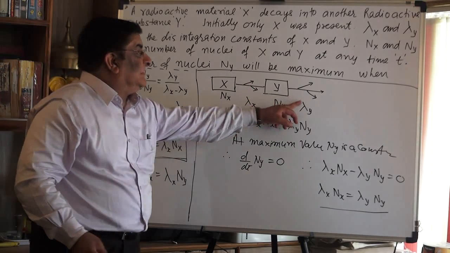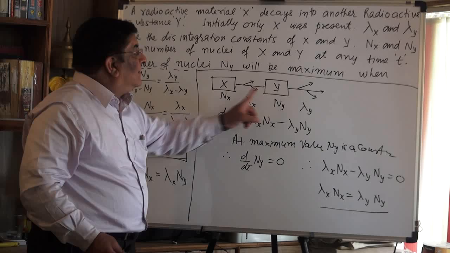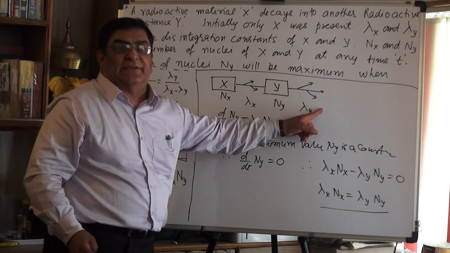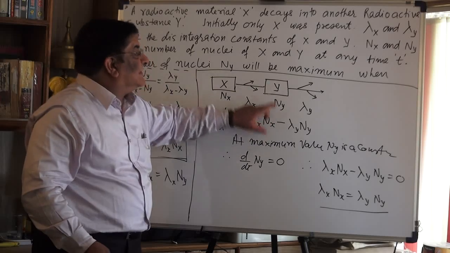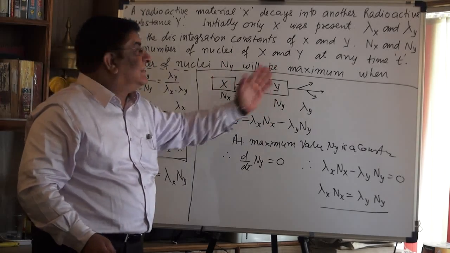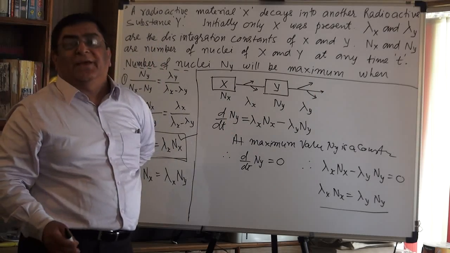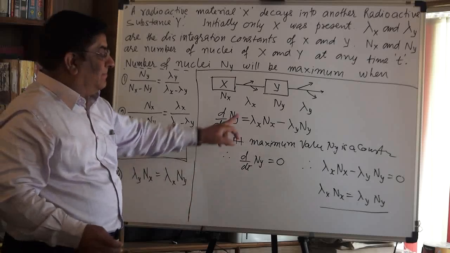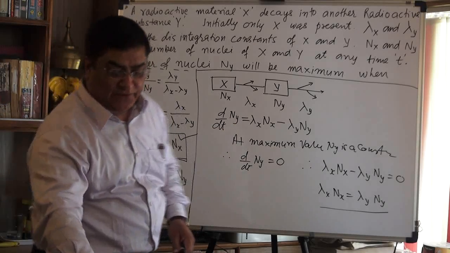When the rate of production is equal to the rate of disintegration, at that time this number will be maximum. Before that this number is less, after that this number will be less, but at that time this number will be maximum. So this is our answer.